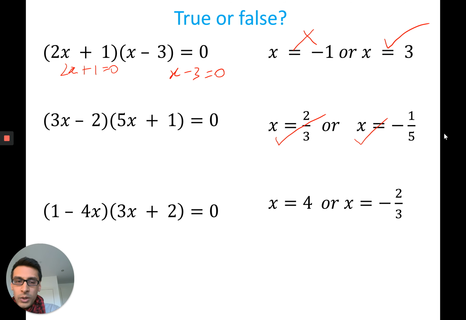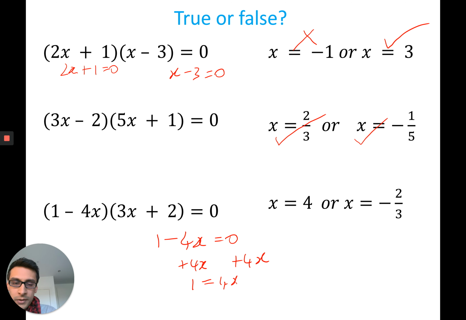Okay, so let's have a go with this. So 1 minus 4x equals 0. If I add 4x to both sides, I get 1 is equal to 4x. And then I divide by 4. So that tells me that x is a quarter. So I can see that's wrong.